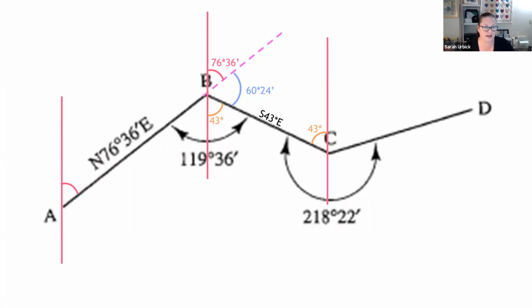So that's the hard part, right? So we know what our angle is between our north meridian at C and back to our line segment BC, right? So opposite angles being equal.